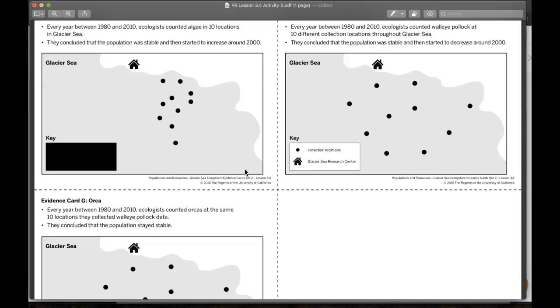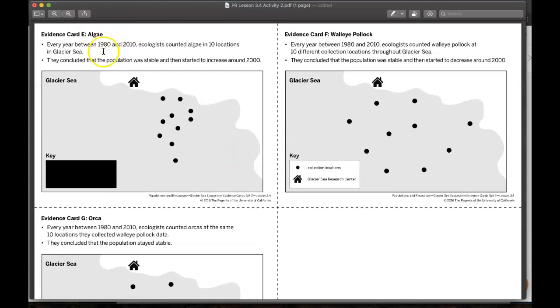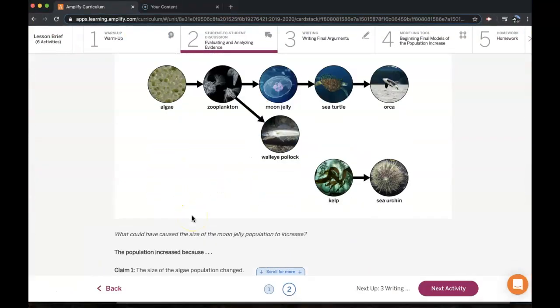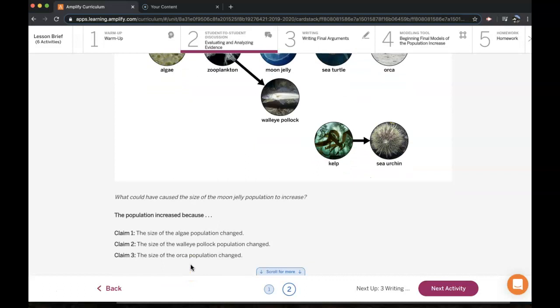Okay, so let's look at evidence card E. Evidence card E is showing that the population was stable and then started to increase around 2000. So this goes with claim 1, and claim 1 is that the algae population changed. But did it change in a way that would have caused the moon jelly population to increase?